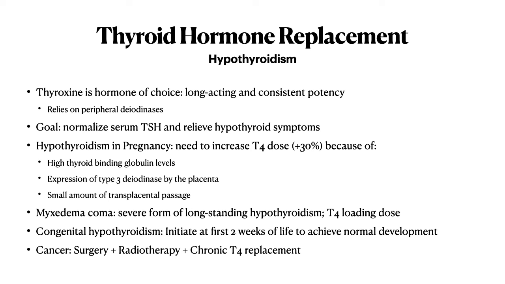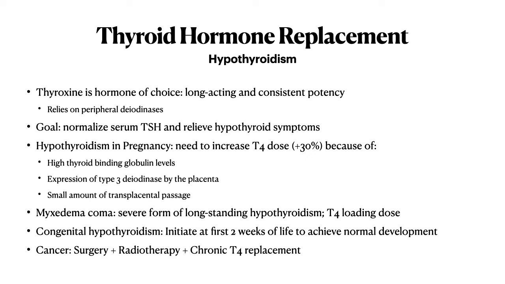The rate limiting step there for the activity of the thyroid hormone replacement is the peripheral deiodination of T4 into T3. So, remember that in patients who have hypothyroidism, there is no negative feedback on the anterior pituitary gland. And therefore, if you take measurements of TSH in these patients, you will see that the TSH will be elevated because the pituitary gland will want to stimulate the thyroid gland to synthesize T4.